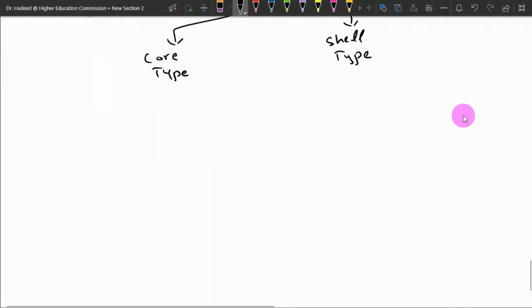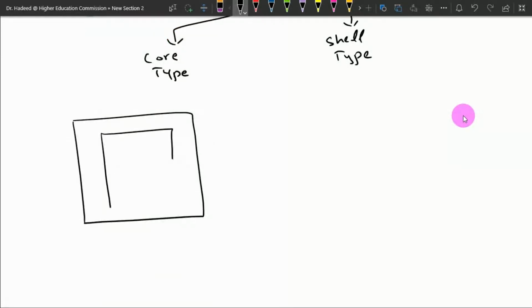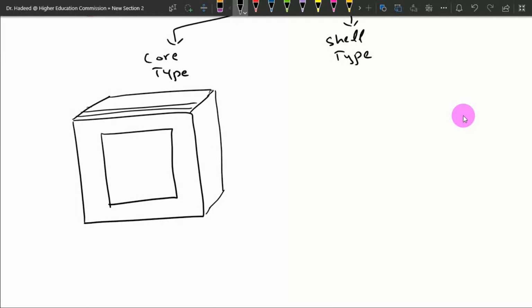The core type transformer has this type of a shape, where we have the laminated stack of sheets available, right?